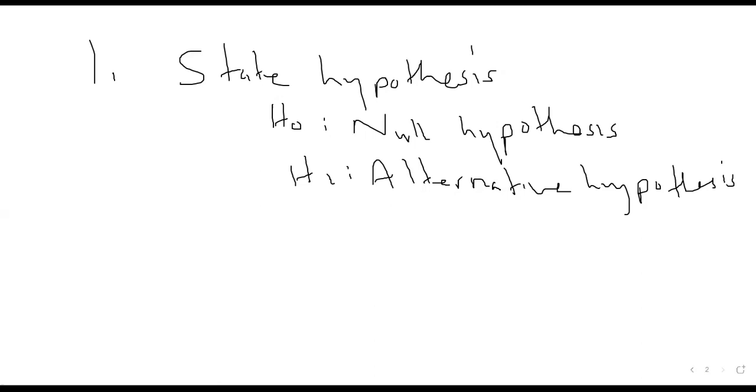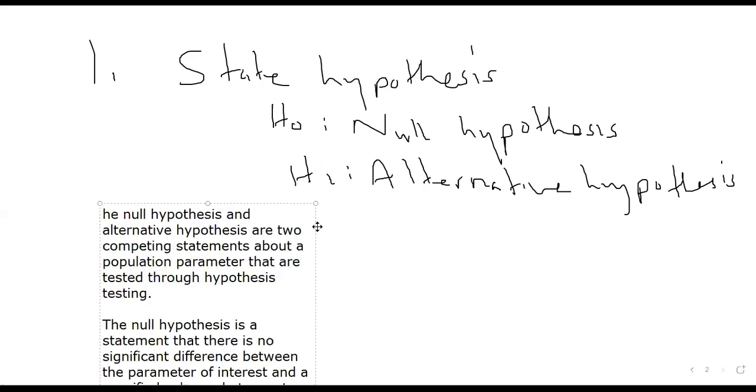So when we're dealing with a null hypothesis, we're looking at the original thought that we want to test. Alternative is just an alternative thought that we may have. I'll give you examples that will help you simplify this thought that I want you to understand.